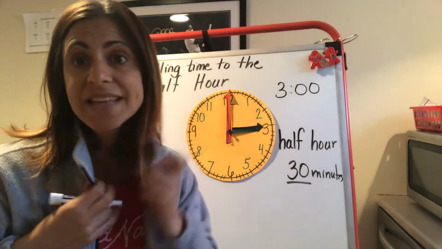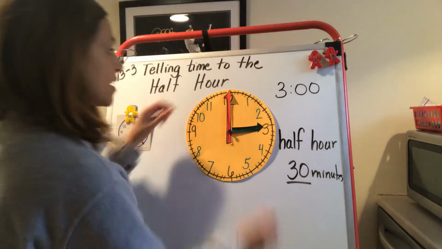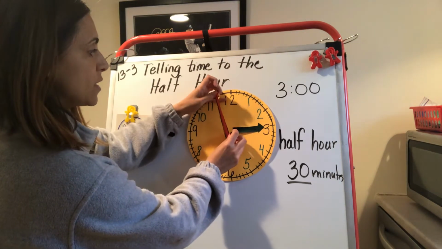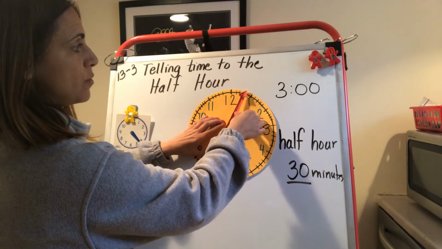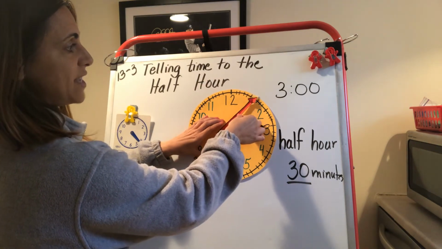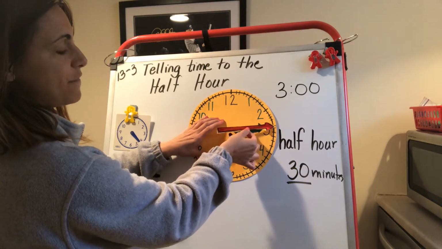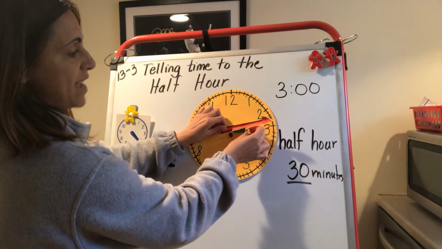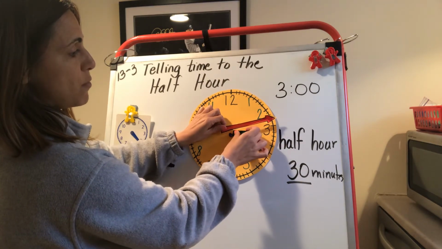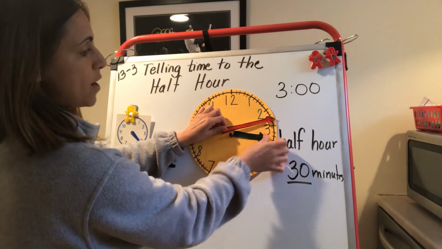If 30 minutes goes by, boys and girls, that means the minute hand is moving 30 minutes. 1, 2, 3, up to 15. Look at the clock. Now, as that's happening, this hour hand is also slowly moving. It's actually moving in between the 3 and the 4.